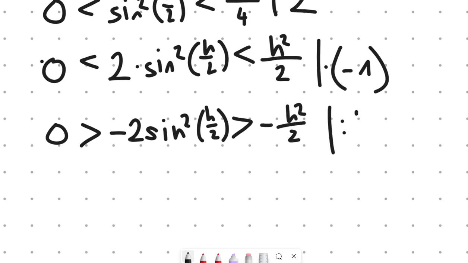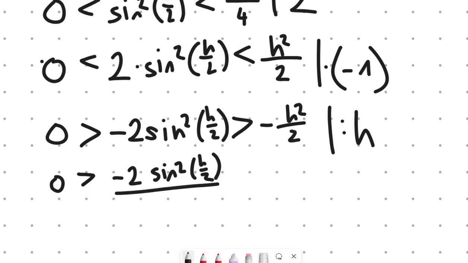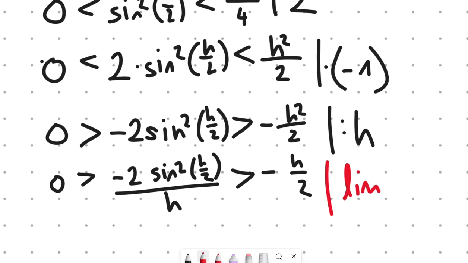And the last thing we are going to do is divide everything by h, so 0 over h is 0 is bigger than negative 2 sine squared h over 2 over h, and this is even bigger than negative h over 2. Now we're going to take the limit as h approaches 0.